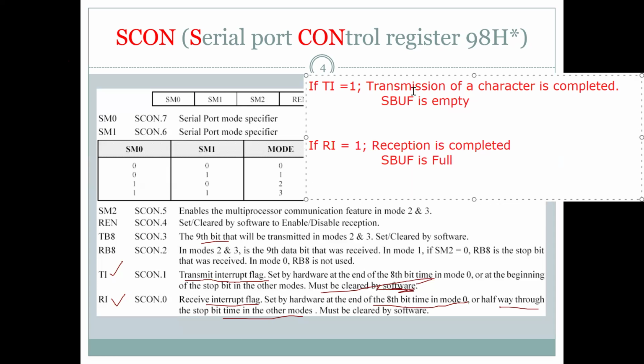It is ready with the character. So the CPU has to read SBUF and make it clear, free to receive the next byte. Here you need to load your SBUF with a new character, make it full, so that you can transmit the next byte. So that is the indication of TI and RI.